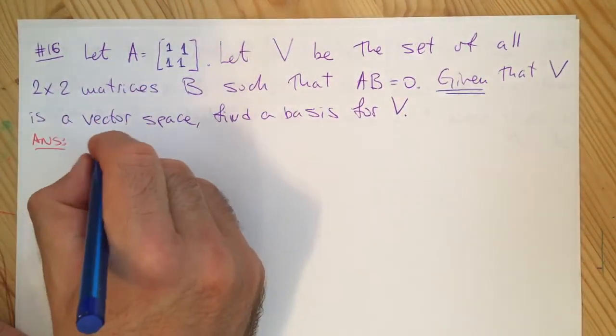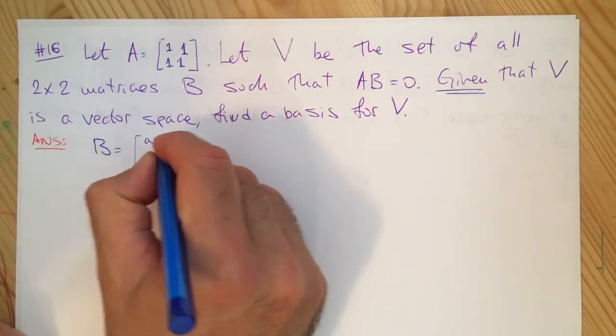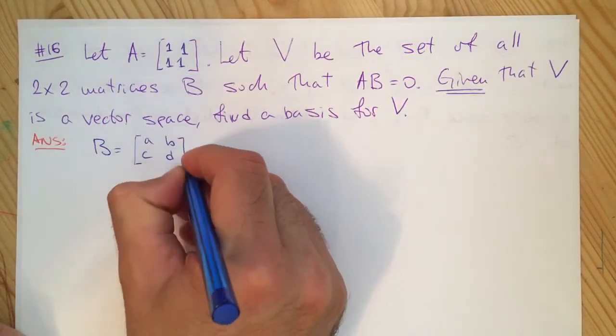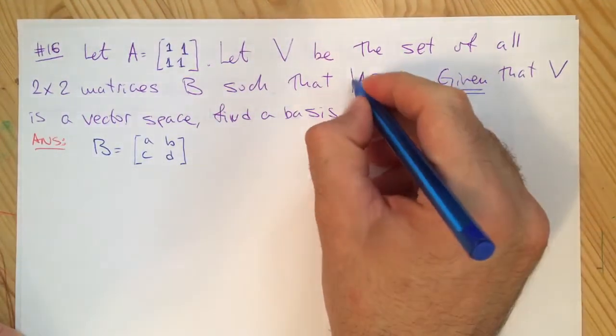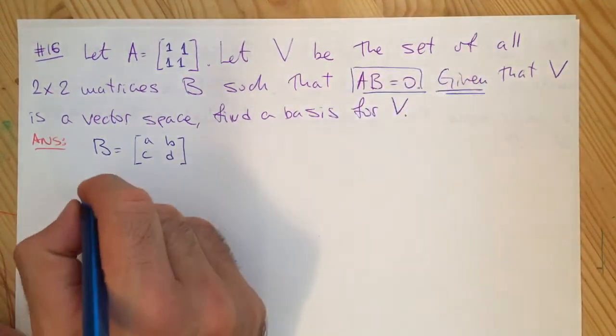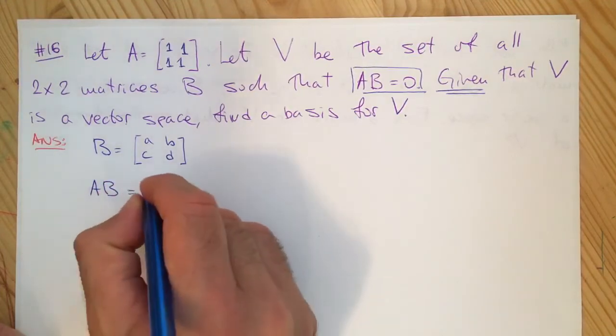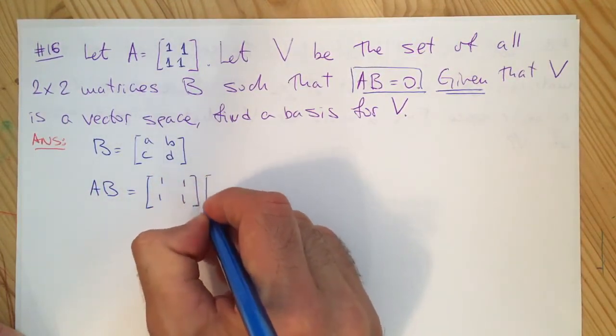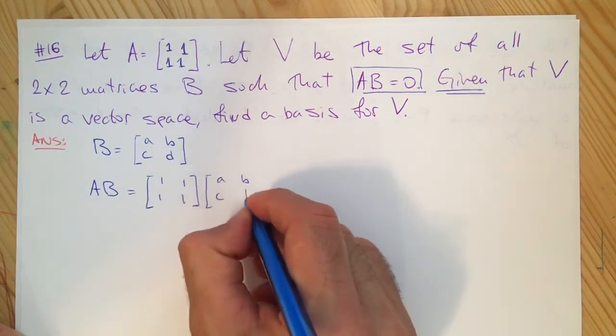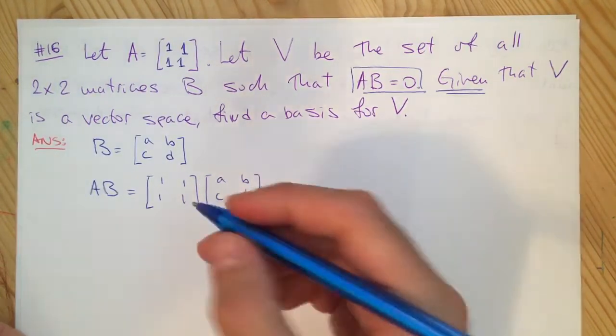Take a general matrix B: a, b, c, d. And then what is the condition? Let's satisfy this condition. A times B, in our case 1, 1, 1, 1, times a, b, c, d. And we calculated this.